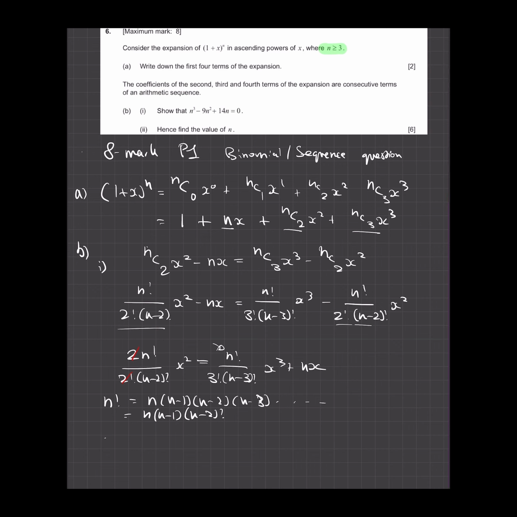So we're going to get n minus 1, n minus 2 factorial over n minus 2 factorial, x squared, is equal to n minus 1, n minus 2, and then n minus 3 all the way down to 1, so that's just n minus 3 factorial, over 3 factorial n minus 3 factorial, x cubed plus nx.